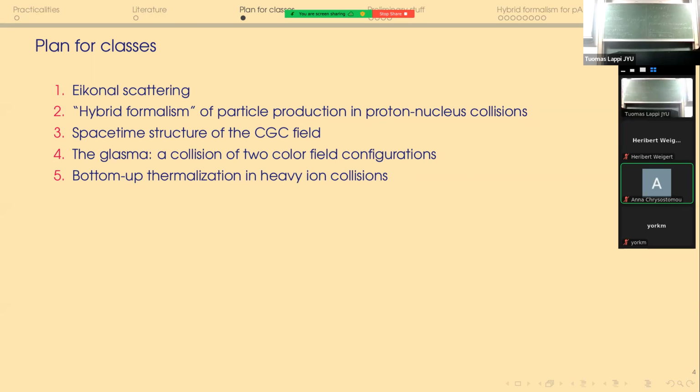The number of gluons is not the right degree of freedom. So in the CGC calculations, the quantity that you are working with is not the number of gluons. The quantity that you are working with is the Wilson line.